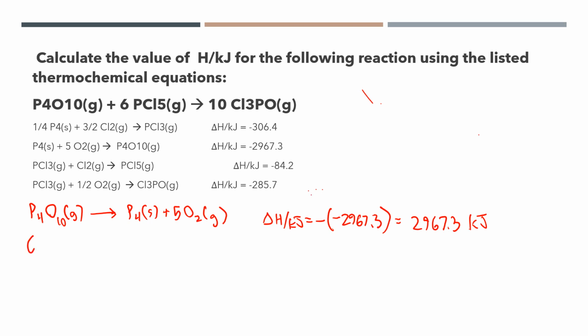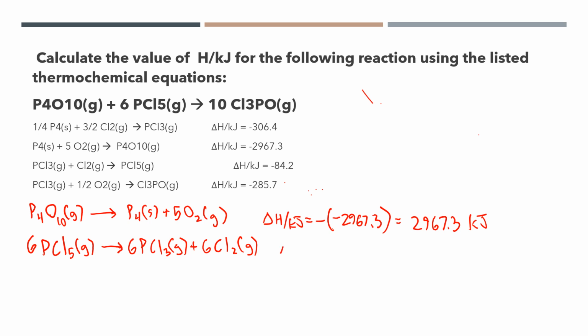So let's put a 6 in front of it. So 6 PCl5 goes to 6 PCl3 and 6 Cl2.